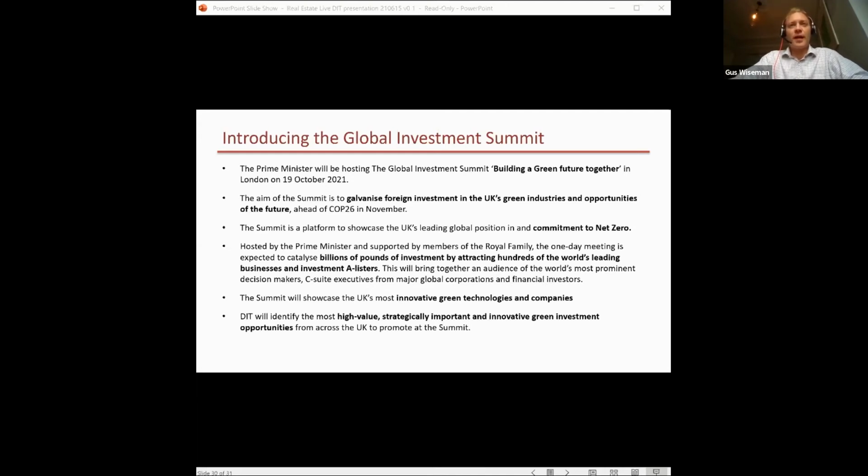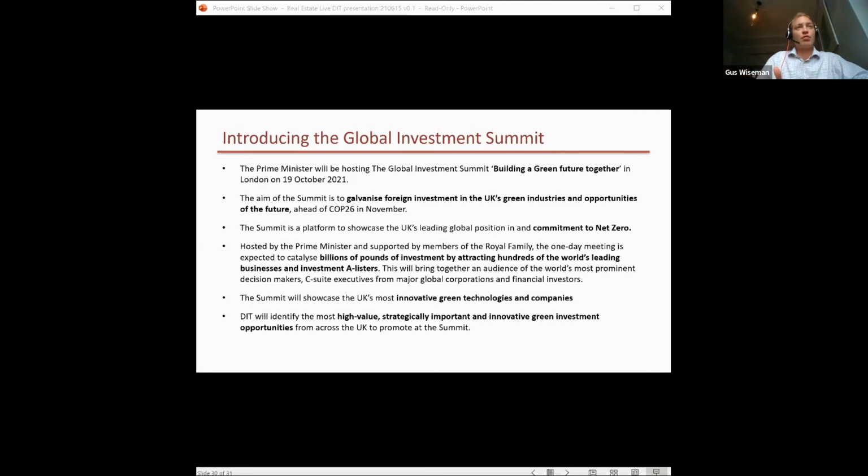In that summit, we are bringing 100 to 200 leaders from around the world, not leaders of countries, leaders of corporates and institutional investors, to London, where they're going to meet with UK corporates and owners of UK investment opportunities. The theme of the summit is around launching the UK and celebrating the UK's credentials from a green and environmental and social and governance perspective.